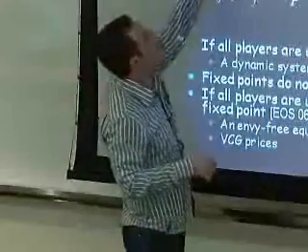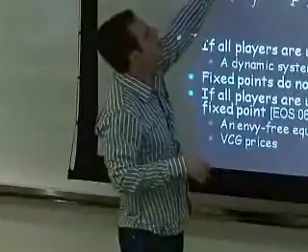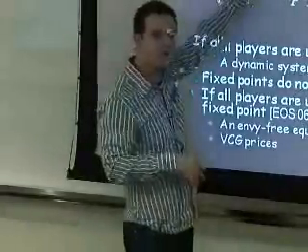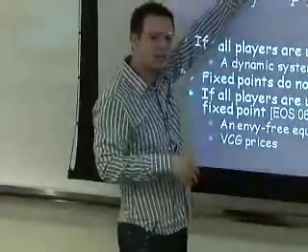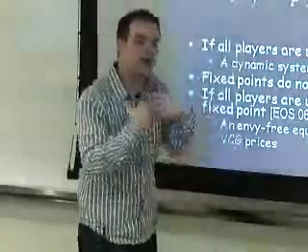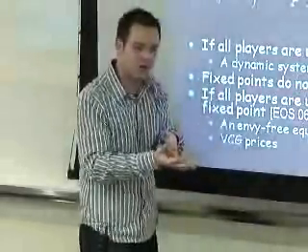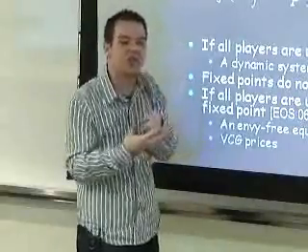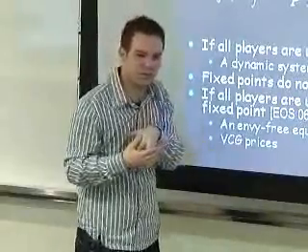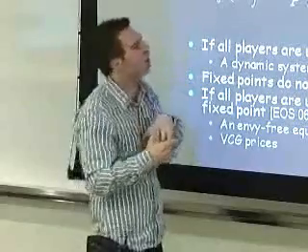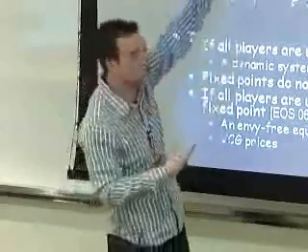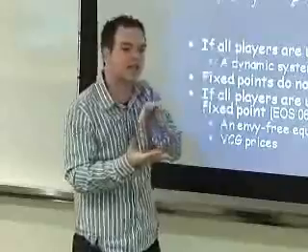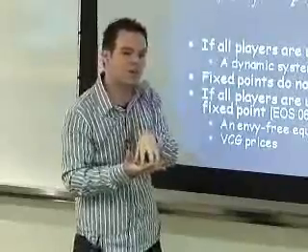If the player decides to change his bid according to one of these two strategies, then in the next round he's going to change his bid, and you're not going to be in a Nash equilibrium anymore. So generally, if the players are following the first two strategies, you're not going to get into a situation where it's a Nash equilibrium.